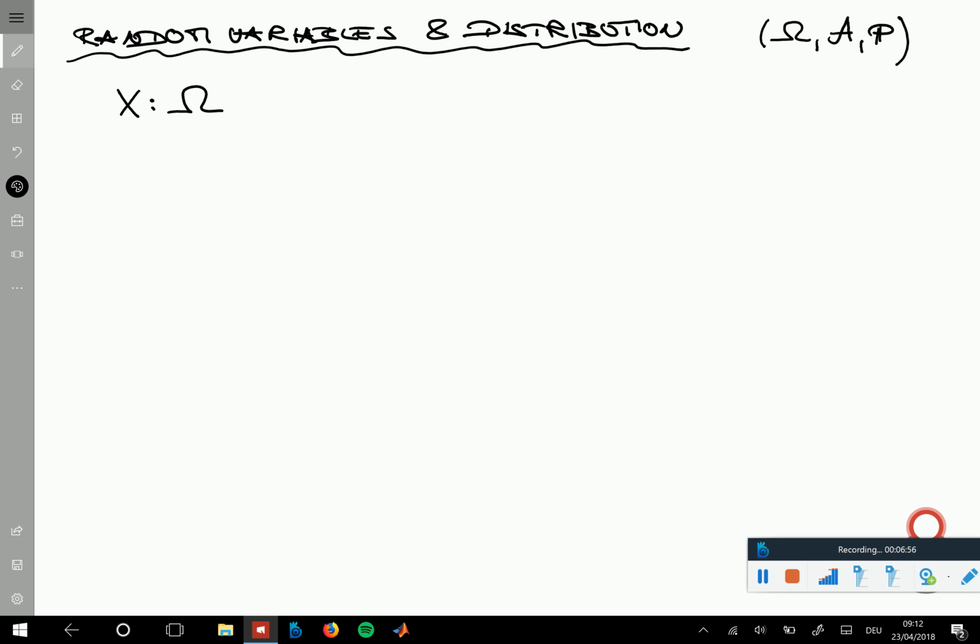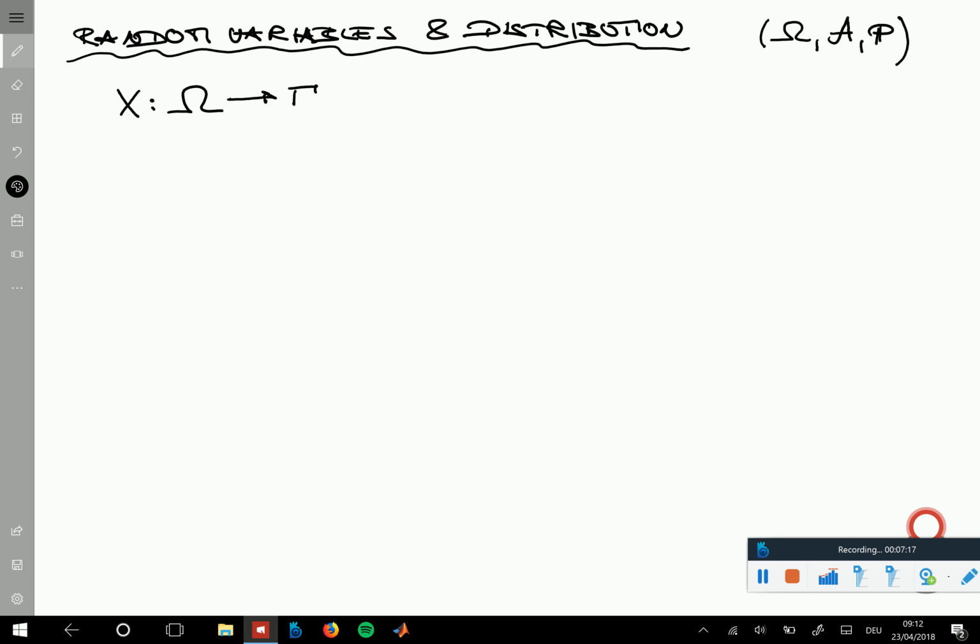So a random variable x is a mapping, a function like x squared or exponential of x, from the elementary outcome set to another set, which I call gamma here.